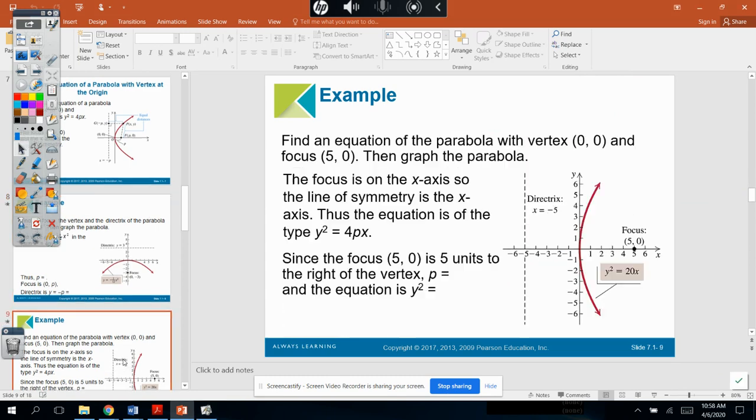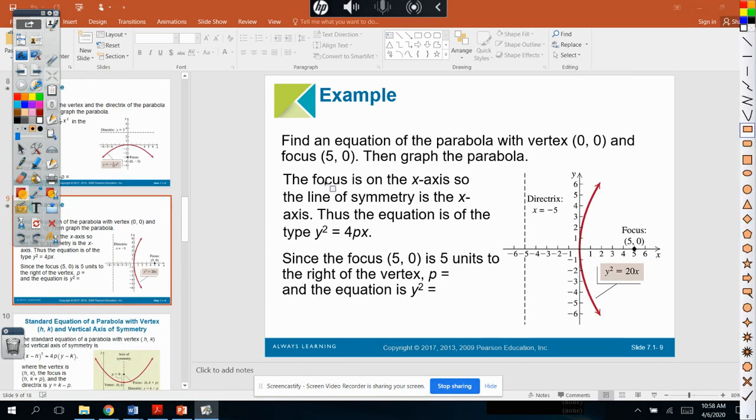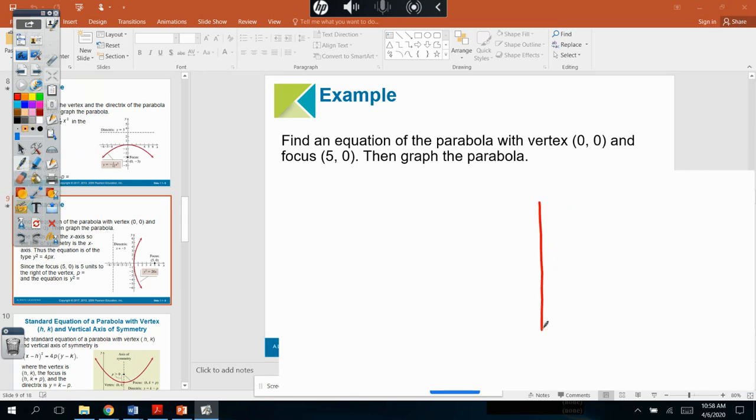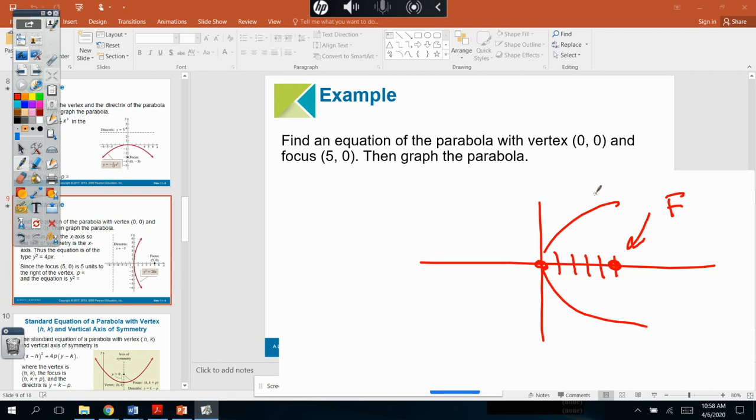And then here's another one. On this one, they're just giving you hints. They want you to find the equation. They say the vertex is 0, 0, and the focus is 5, 0. Once you know the focus is there, you know the focus has to be inside. So since the focus has to be inside, the graph has to go this way, and that's going to be a y squared. This also tells you how far apart the focus is from the vertex.